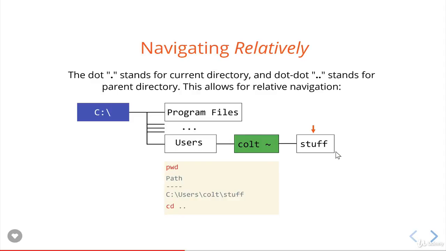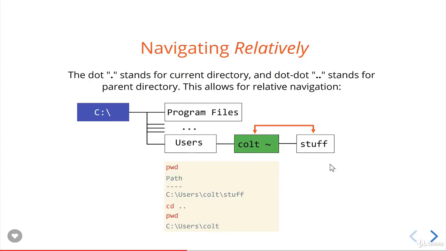I can type cd .. which is a special little command that just means go back one level, one folder. Every time I type cd .. it backs me out one level until I can go no further. And if I typed pwd again, I would now see \users\cult. I'm in the home directory.